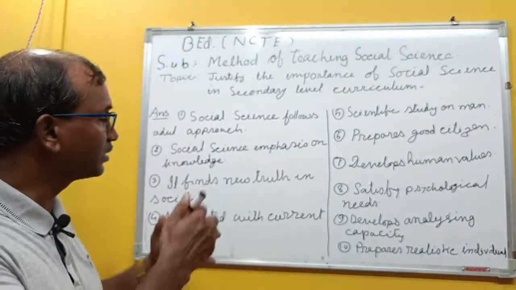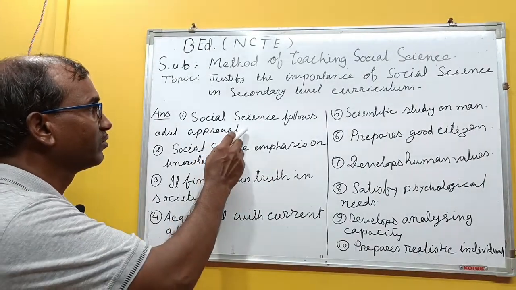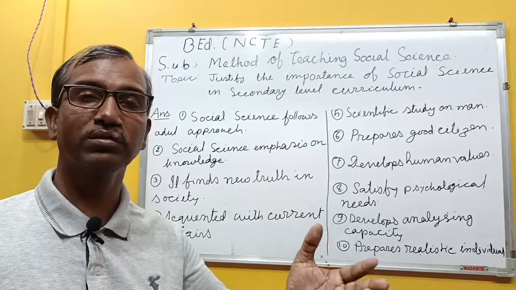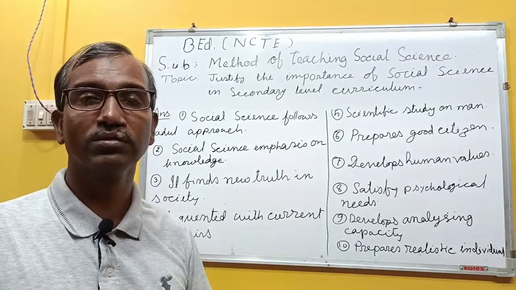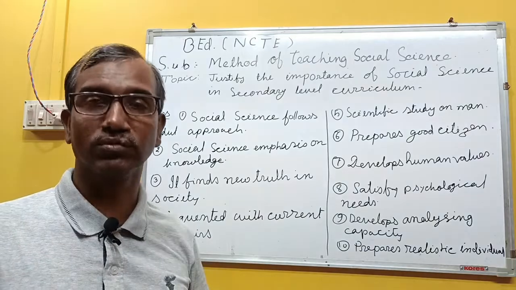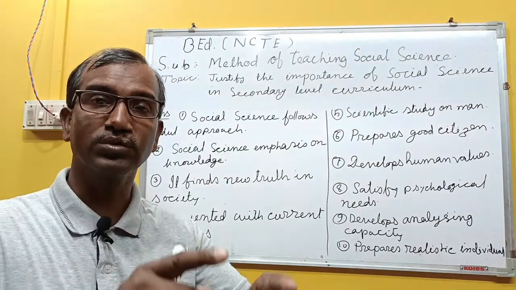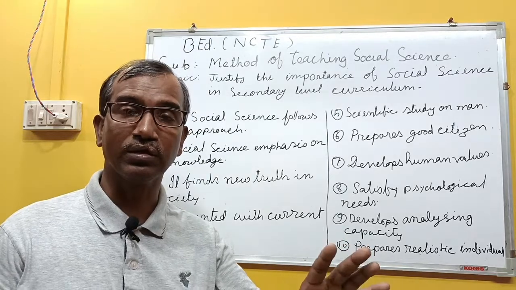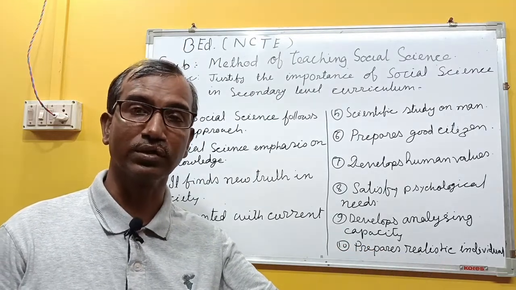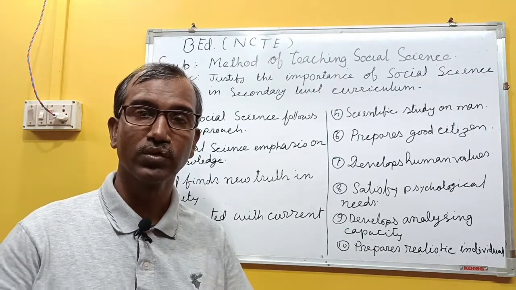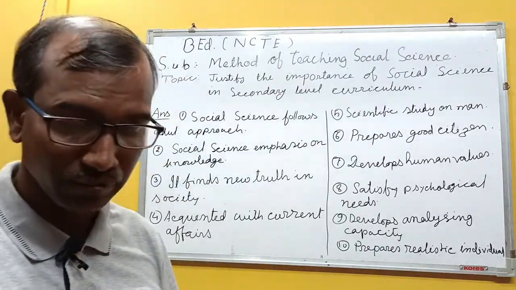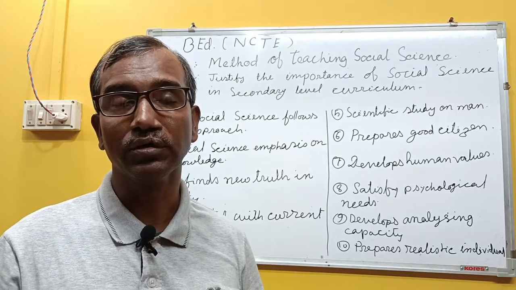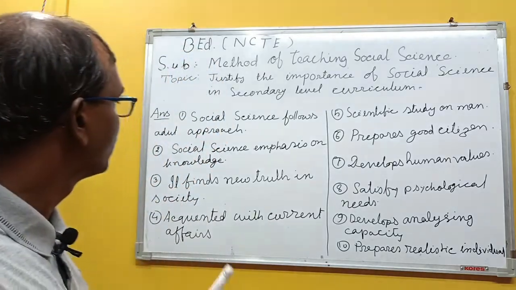So in secondary level, we must include social science to provide knowledge of all the branches of social science to those children who are going to adult level and at present are in adolescence period. To enlarge their knowledge, we must include this subject in secondary level.